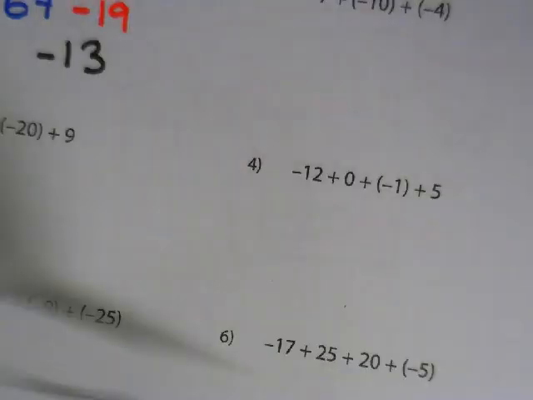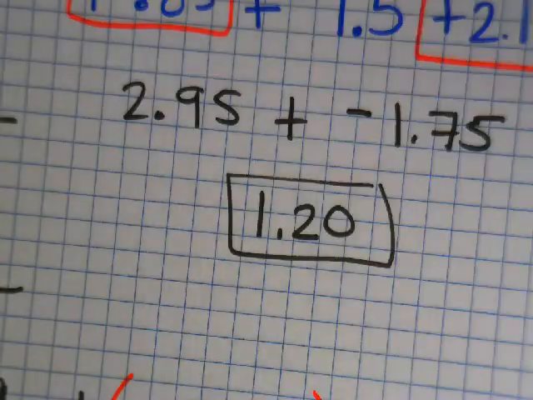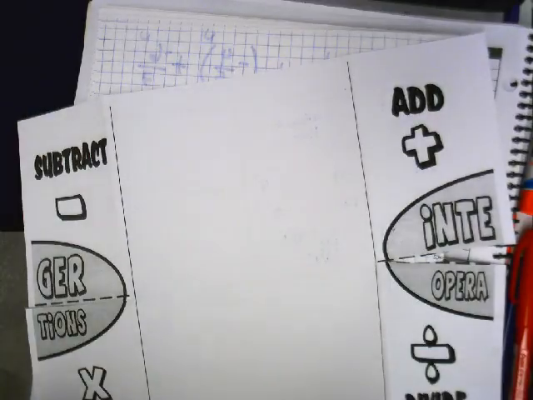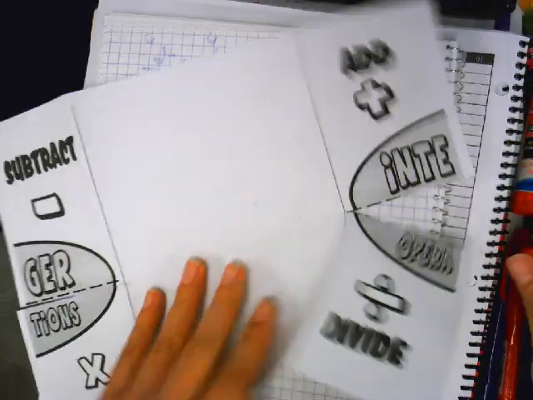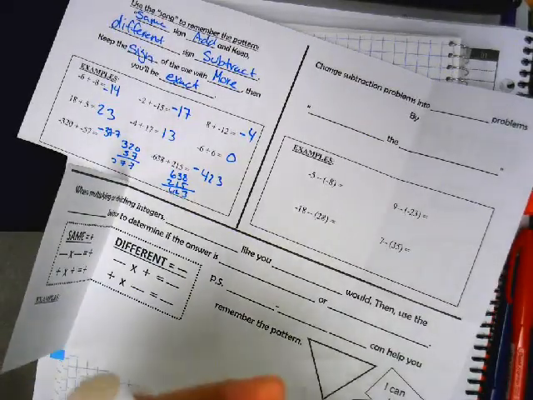All right. So, a little bit of glue on the back. We're going to go in order. We've only officially done addition rules.